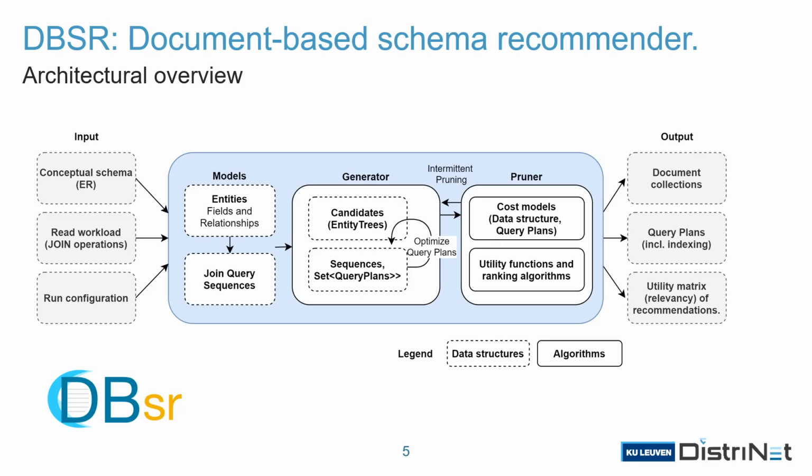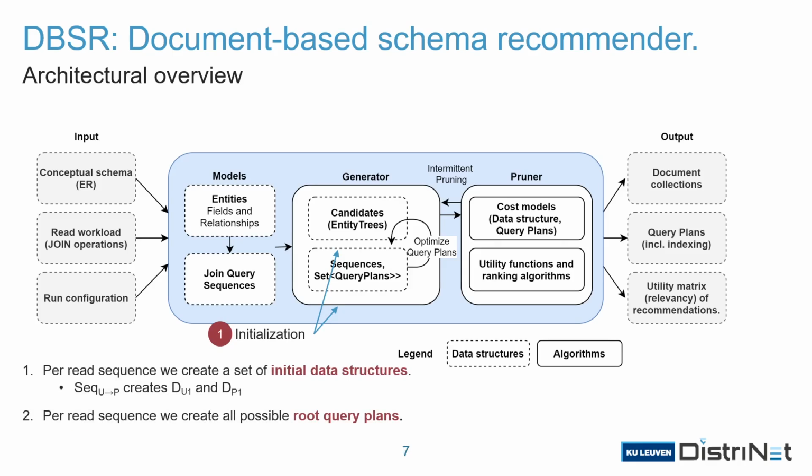These inputs, data model and workload, will then be parsed into the generator, and we will initialize the generator by forming a set of initial data structures which are normalized and an initial set of root query plans. How this happens is that we take a join query, for example here users that are merged with the products that the user sells.